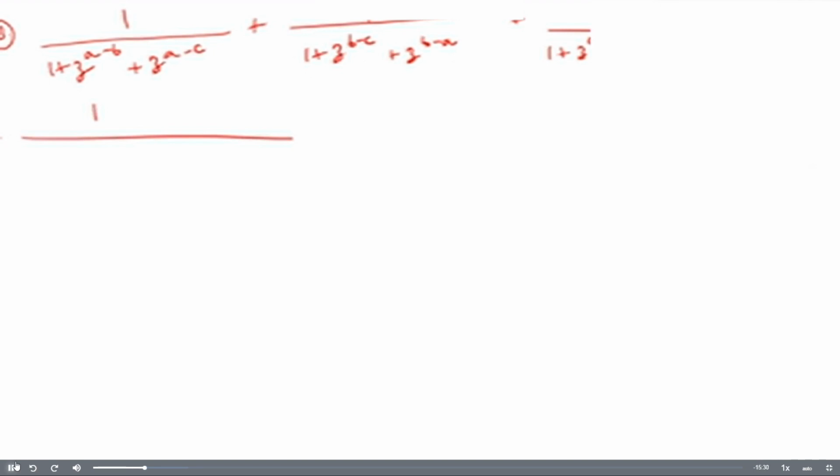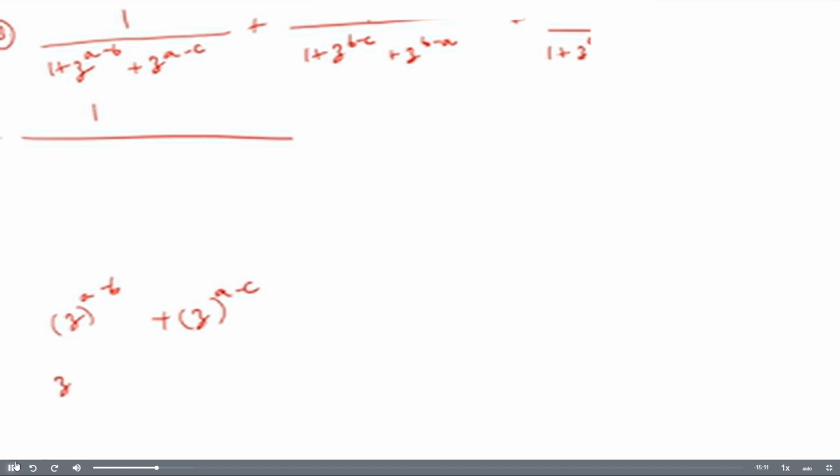Now look at this. 1 plus z to the power a minus b plus z to the power a minus c. We have two different powers here, z to the power a minus b and z to the power a minus c.